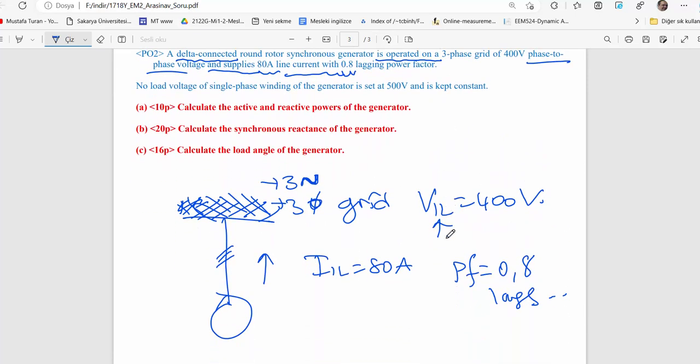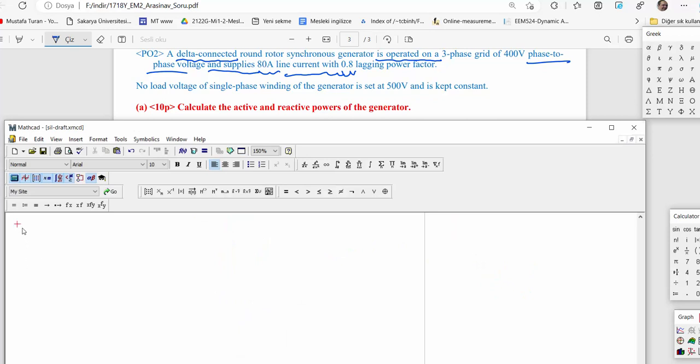Yes, okay, it looks clear, everything is clear. Let me take notes. Line to line voltage is 400 volts. It is delta connected. Since it is delta connected, single phase voltage is equal to line voltage, which is 400 volts.